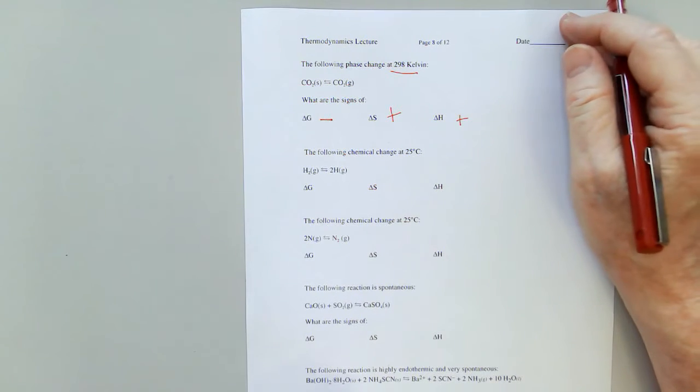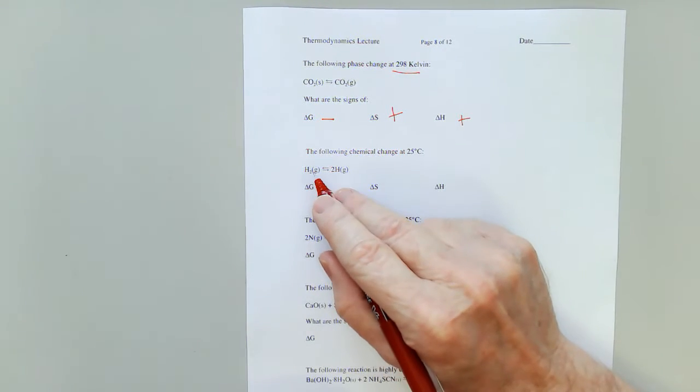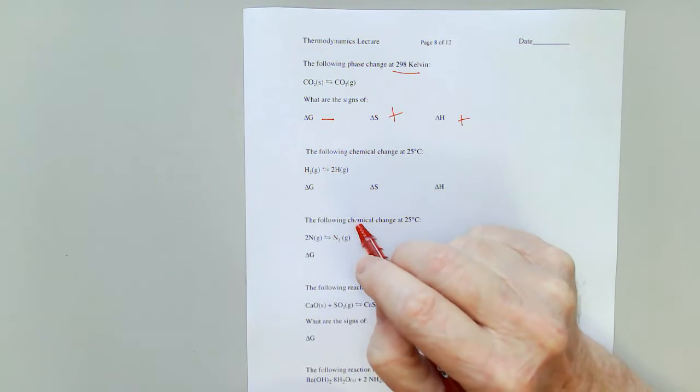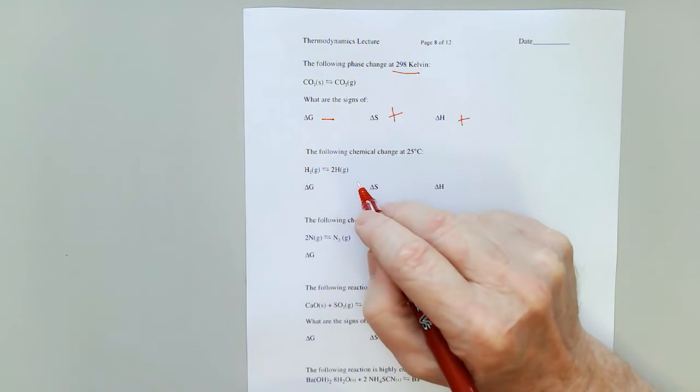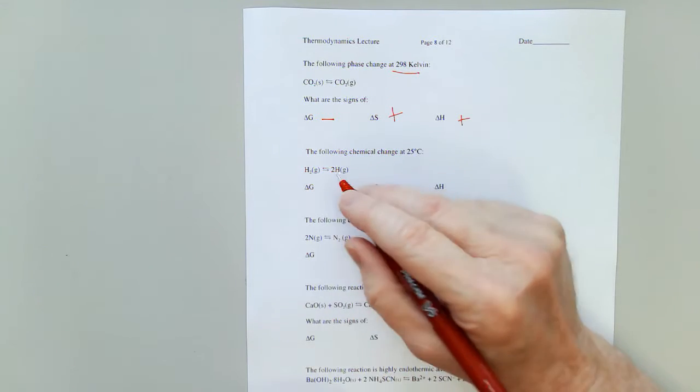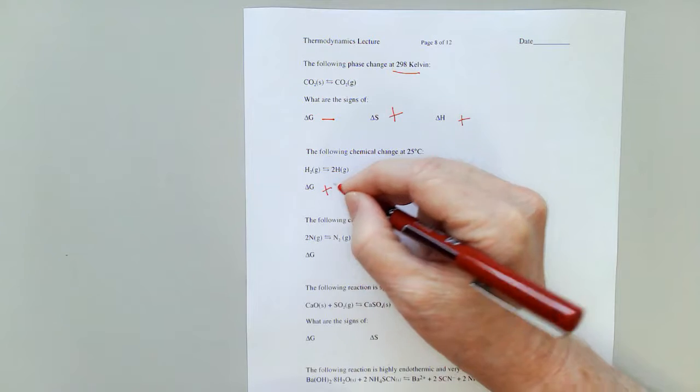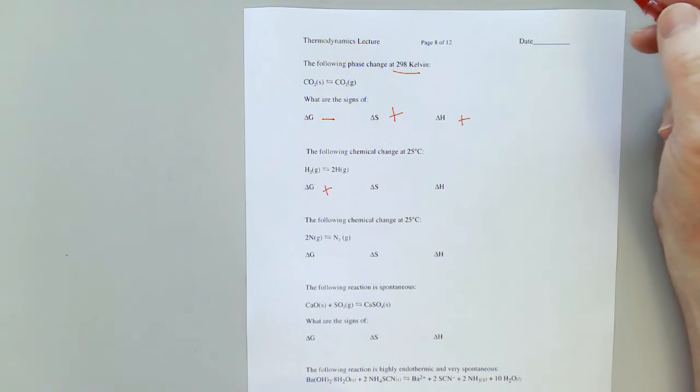Now let's look at some different examples. H2 gas becoming 2H gas, room temperature. What we're doing is we're breaking the chemical bond, the bond between those two. And you know what? It doesn't happen. Hydrogen does not spontaneously decay into 2H atoms.